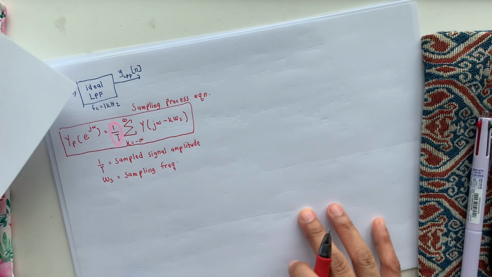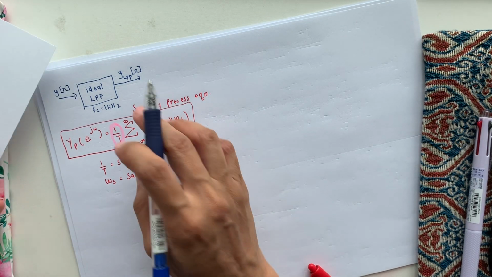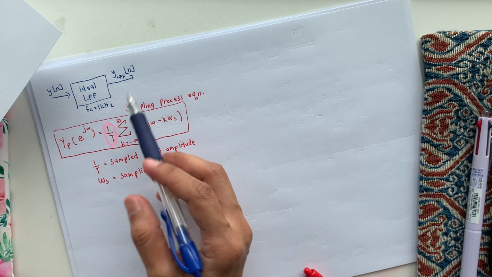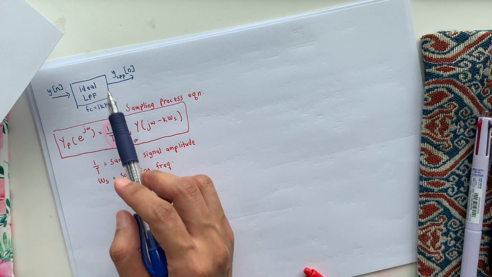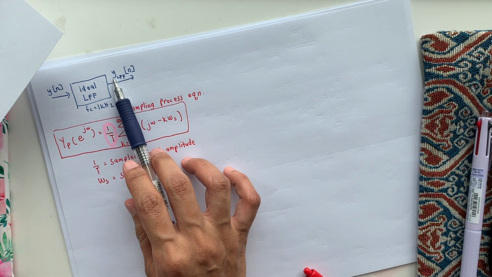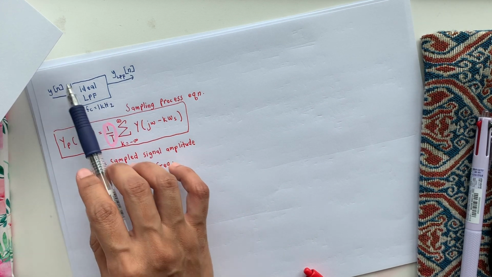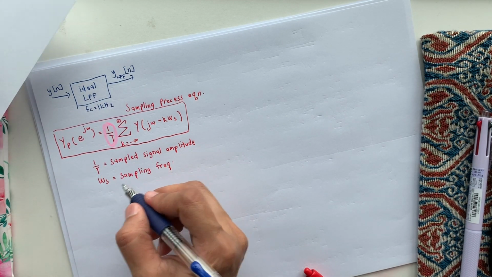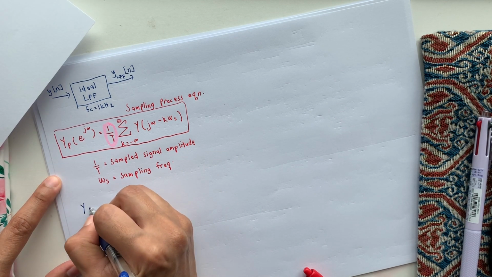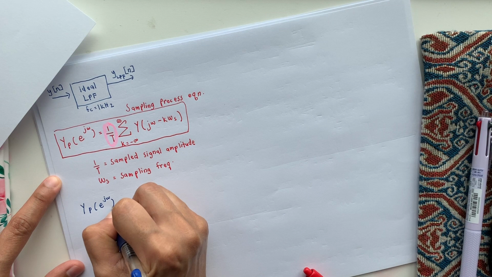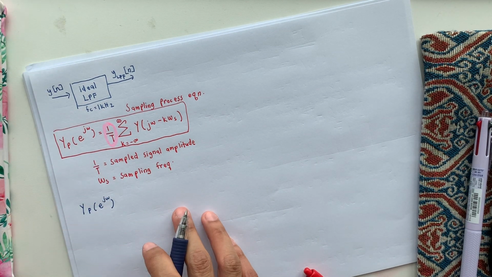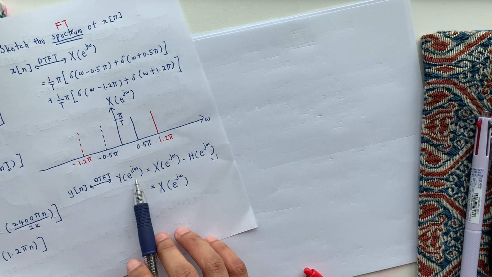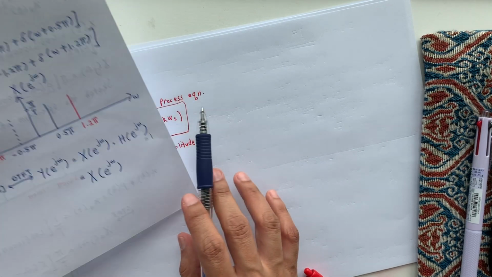Alright, so what you have to do next is you need to find the spectrum at Y low pass, which means y[n] passes through an ideal low pass filter. You know that Yp exponent j omega, refer back to your equation just now.